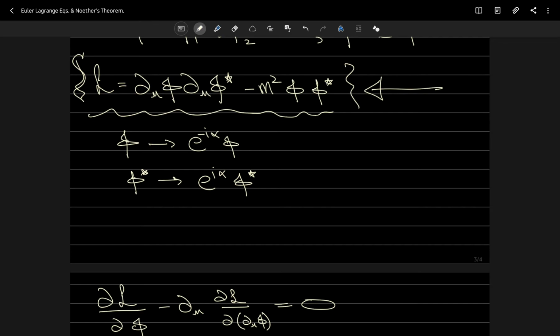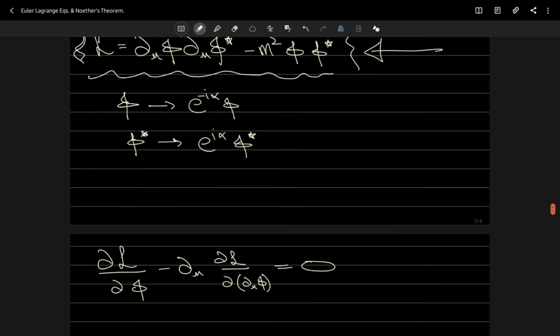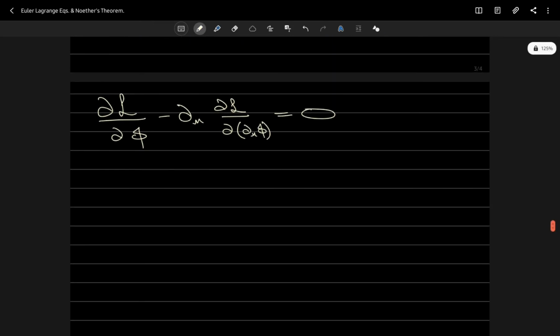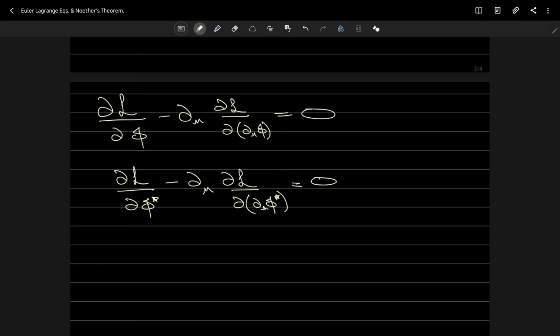So what would be the other one? Well, it is obvious that it would be partial L over partial phi star minus partial mu of partial L over partial of partial mu phi star, which is equal to 0.